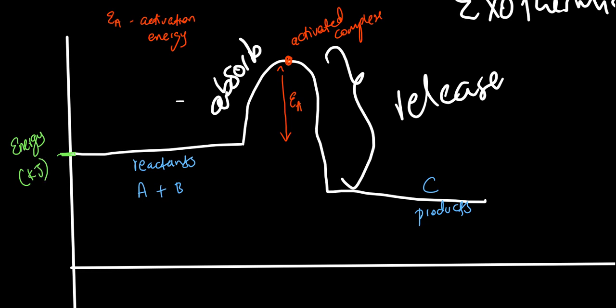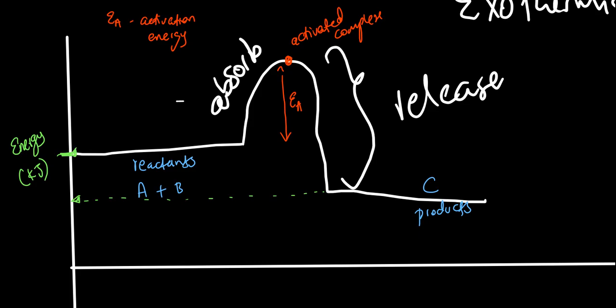It just depends on the question, but those joules is the energy. Okay, so that's what we need to keep in mind. And then the energy of the products would be read here, and the energy of the reactants you would read there.